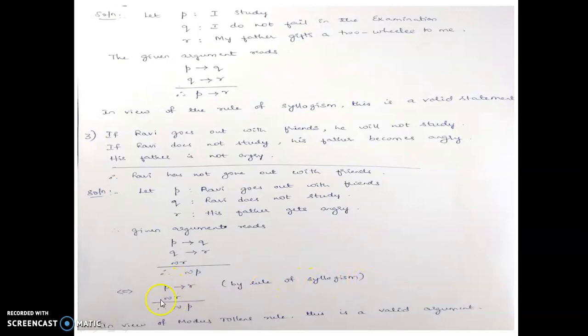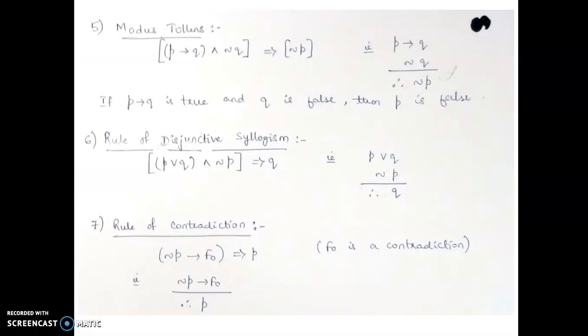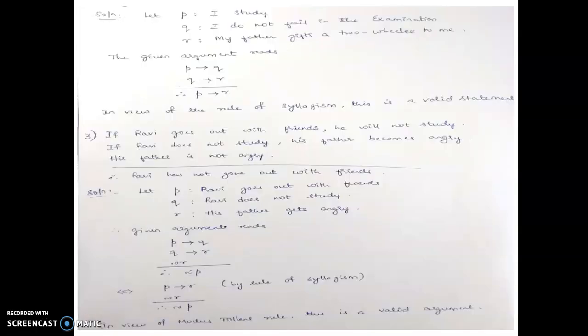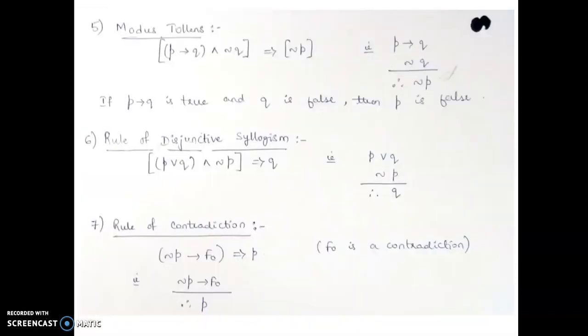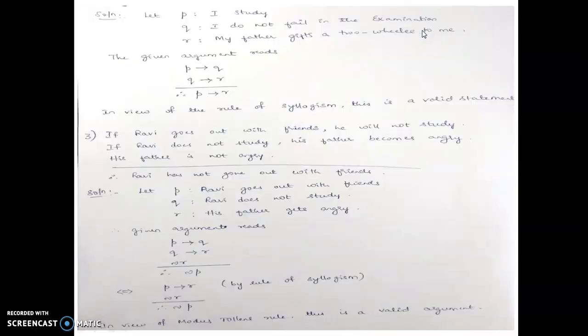Next, consider P conditional R and negation of R. The resultant is negation of P. In this view, the modus tollens rule, this is a valid statement. If you see modus tollens, it will be exactly the same. So here the modus tollens rule is applied.